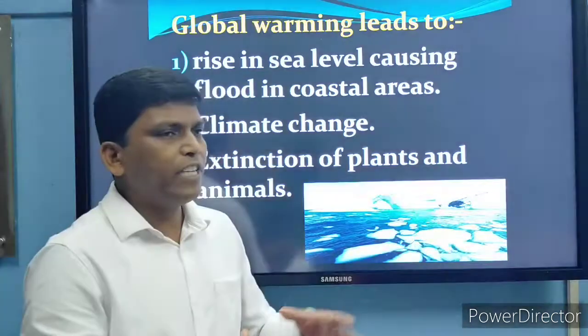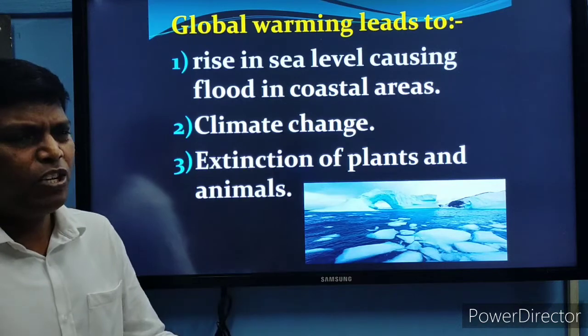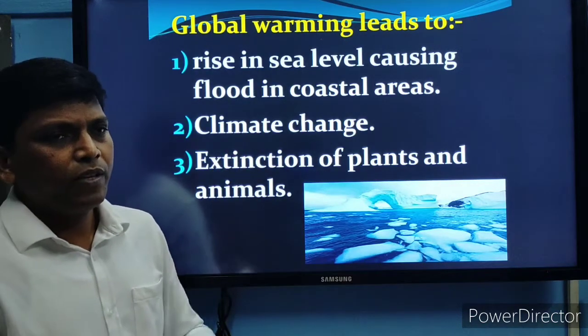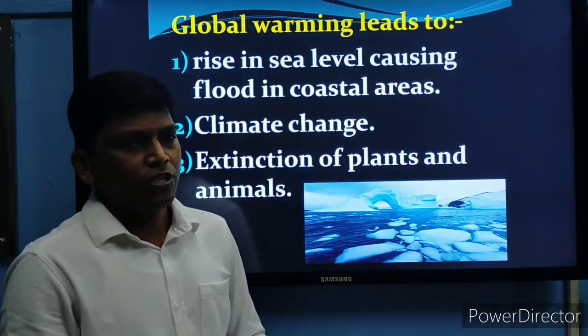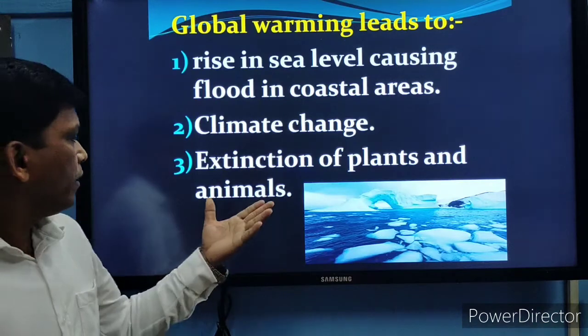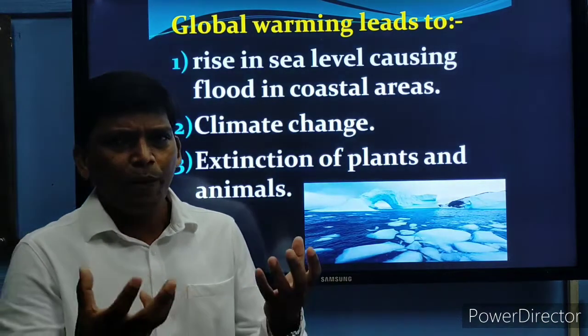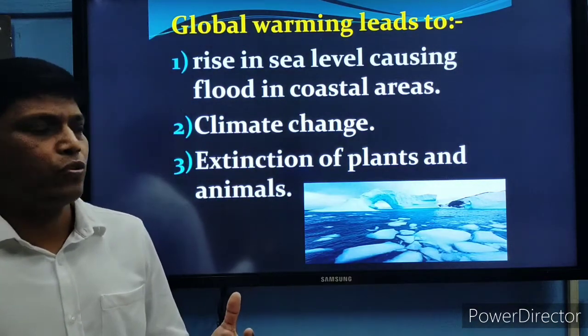Due to rise in temperature, the ice is melting. Because of that, the sea level is rising, which is very dangerous for the coastal area. Climate change: the climate is shifting nowadays because of global warming. Then extinction of plants and animals. Due to rise in temperature, some plants and animals cannot adjust and they can become extinct also.